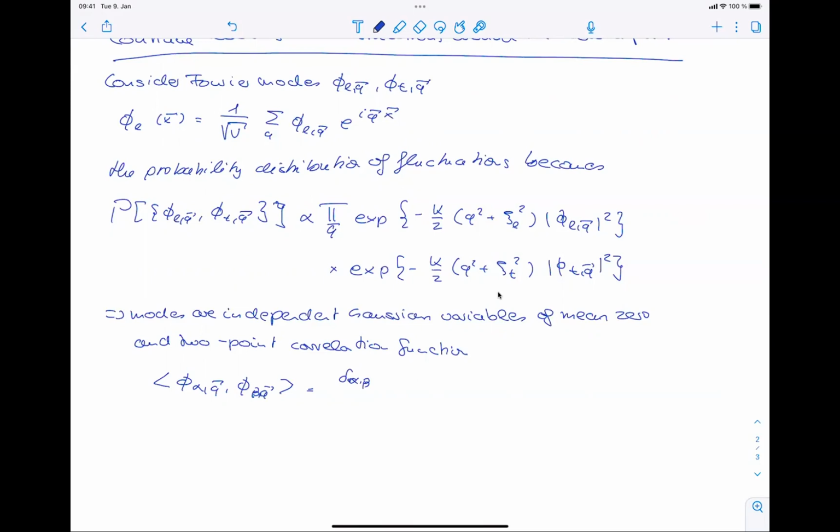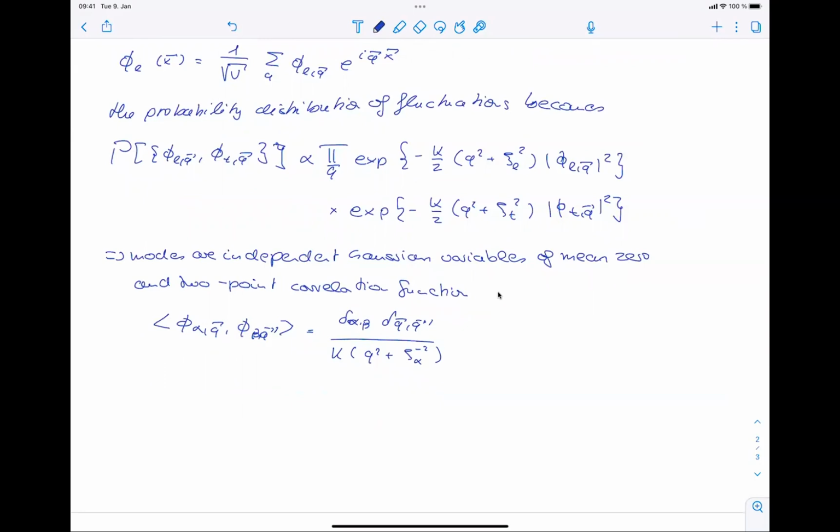I only get a contribution if those two mode directions are aligned, and also only if q equals q prime, and then the magnitude is 1 over k times q squared plus psi alpha to the minus 2.